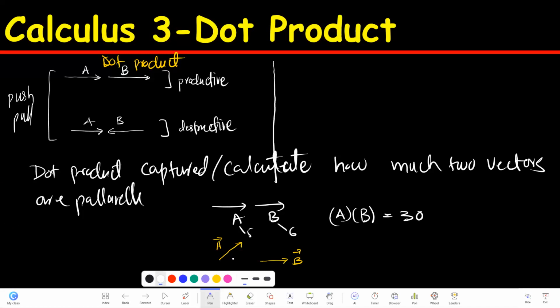But they are not absolutely opposite to each other either. So I'm going to take this vector A, split this vector, and take this part and drop it here. So this is my vector A, and this is my vector A part. The white one I just drew is called AX, and this is called A. So if I ask you, can you calculate the dot product of AX and B?